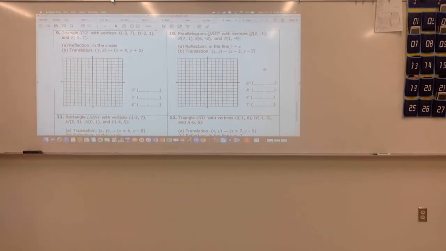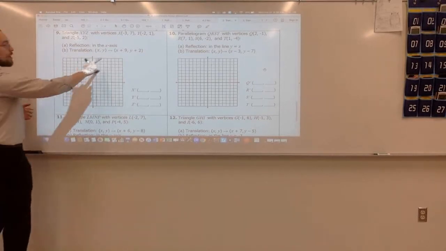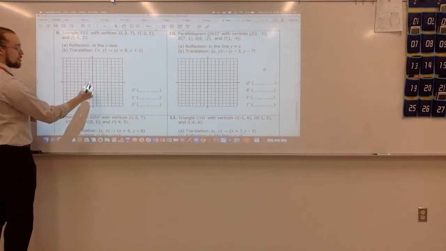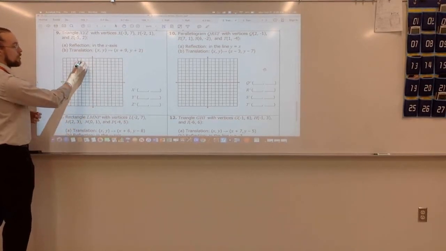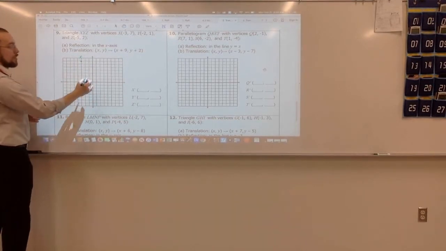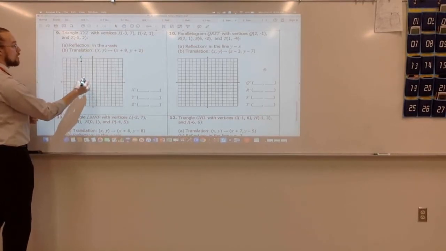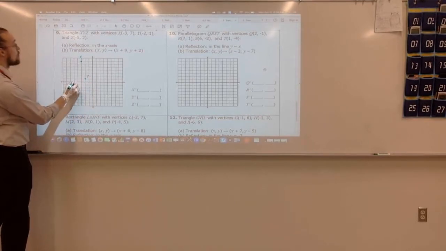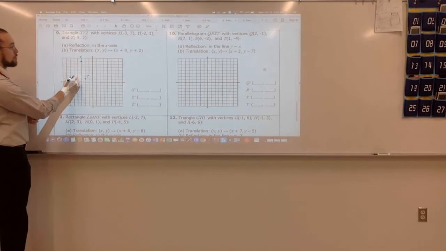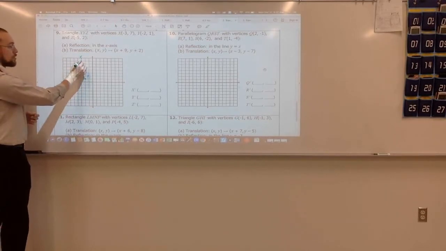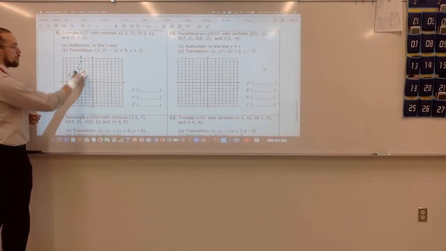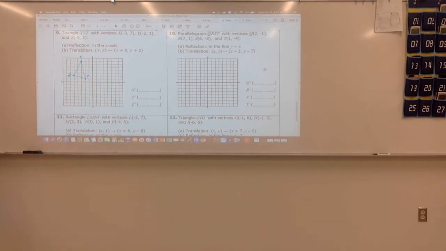We're going to do all 3. So I'm going to start at negative 3, 7, negative 2, 1, and negative 5, 2. So here's my original triangle. I'm first going to reflect this in the x-axis, so it's going to flip down here.